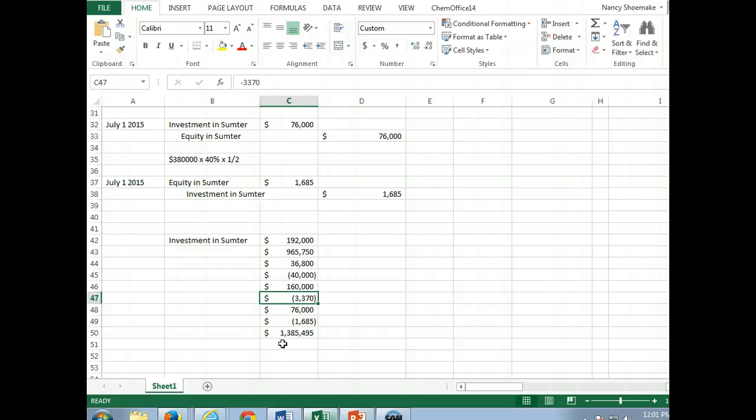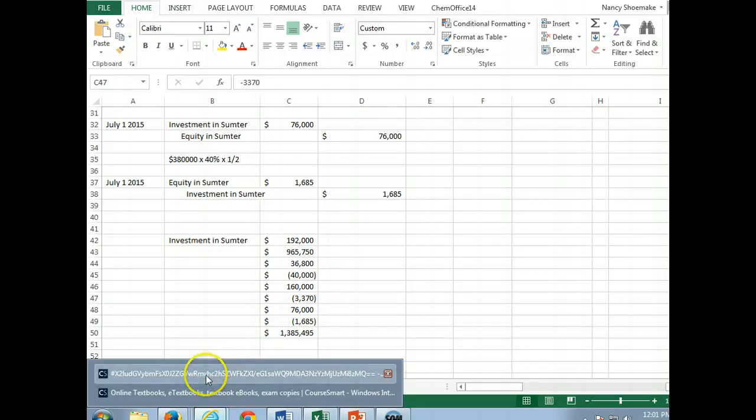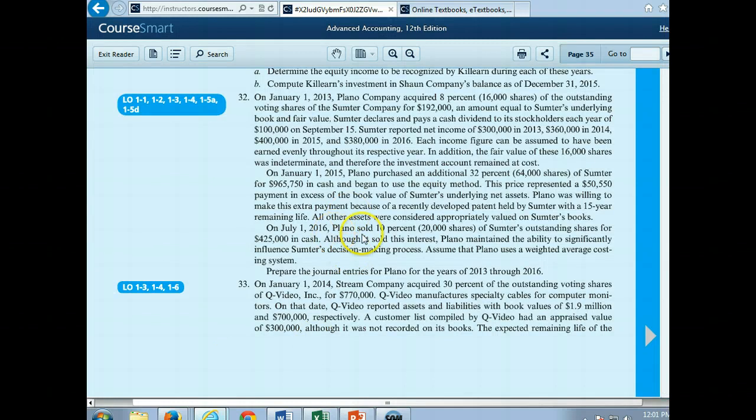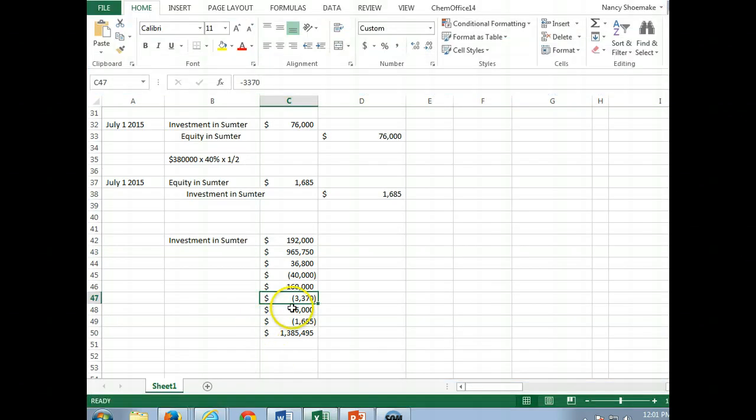Okay? Because it says here we sold 10% of Sumter's outstanding shares, but we own 40%. So in our books, 25% of this figure we're selling.